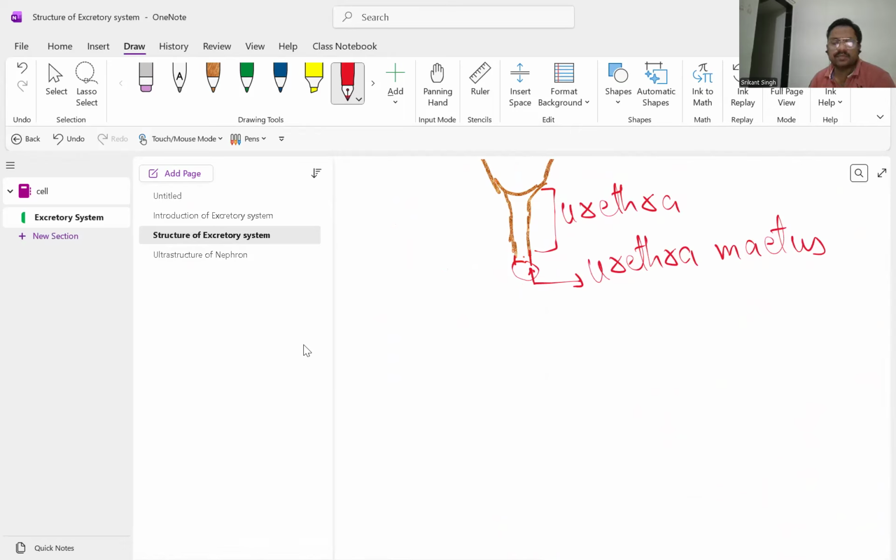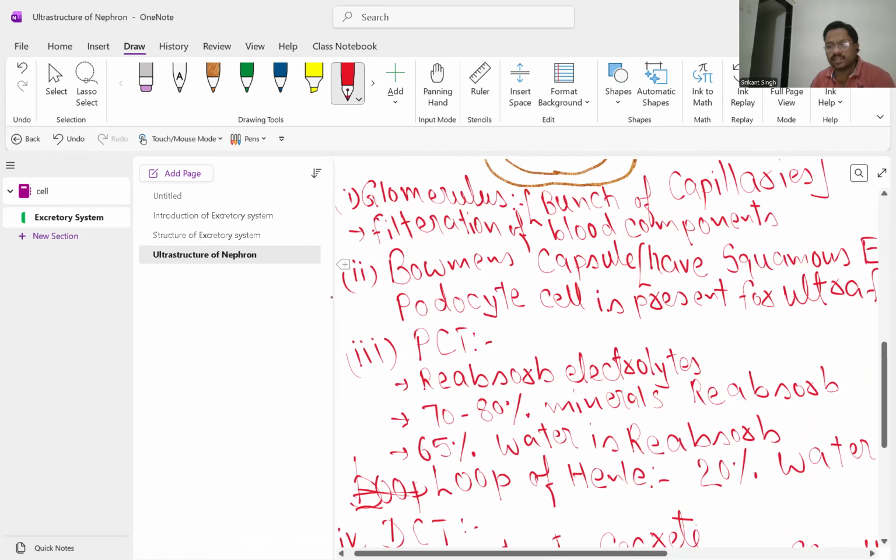Pathway of urine. I can make it in the nephron.